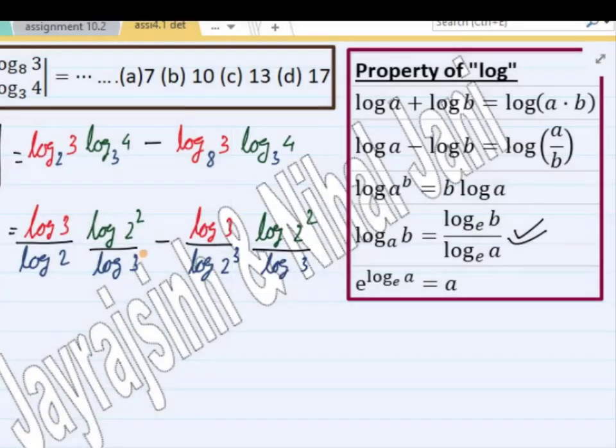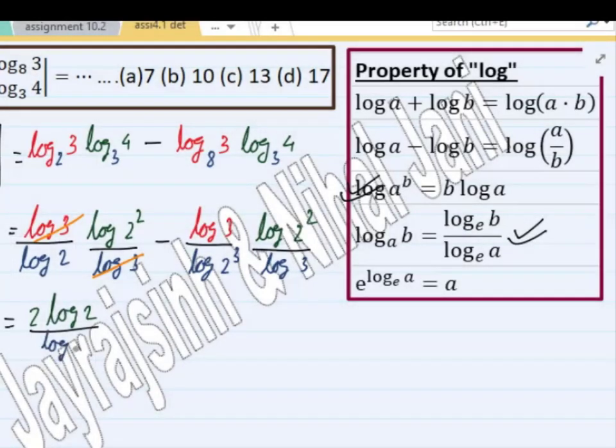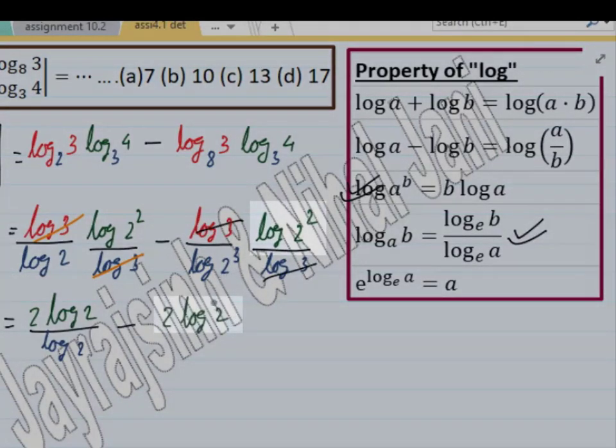Okay. Now here log 3 will cancel out, and using the third property, we can say this log 2 square is 2 log 2, and log 2 will be as it is, minus here log 3 again cancels out, and this 2 log 2 upon this log 2 cube, which is 3 log 2, right?